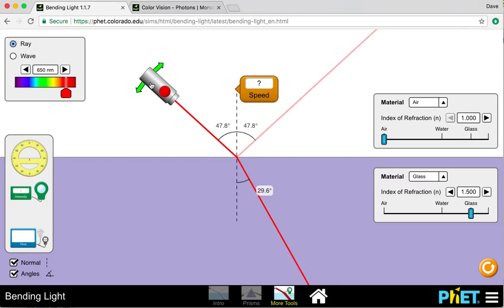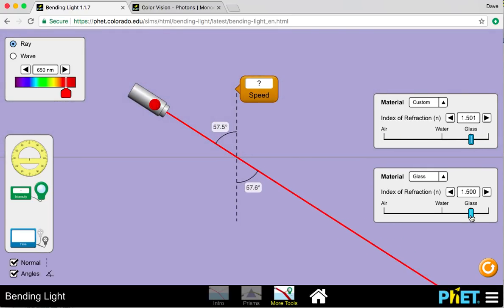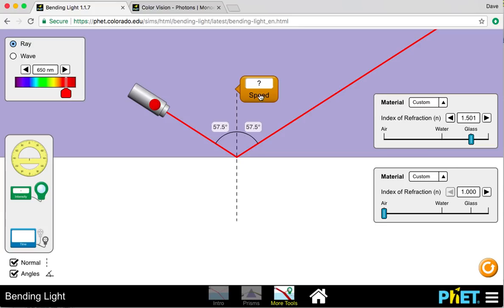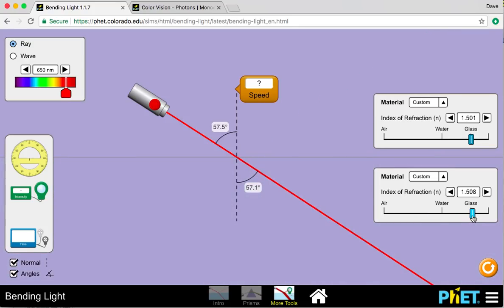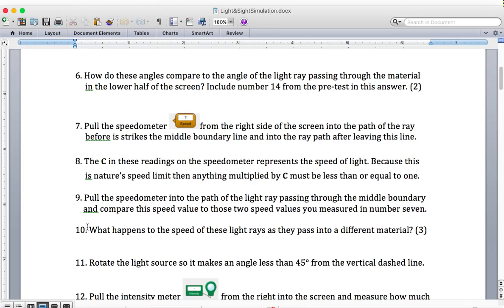I mean, if we had glass up here and air down here, it doesn't necessarily have to slow down. I would just say that it changes. In this case, it is slowing down when it passes into the different medium. And it's just because glass is much more dense, so there's much more interactions. Okay, so the speed of the light rays change as they pass into a different material.